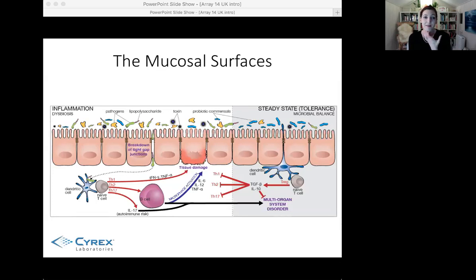Mucosal immunity is the main functional defense mechanism in the urinary tract, the respiratory tract, and the gastrointestinal systems. The mucosal surface interface is a really complex system that has to integrate interactions between the microbiome, the biofilms, the mucus layer, the associated protective compounds found on various surfaces, such as defensins or enzymes, secretory IgA, secretory IgM, and all of the underlying immune cells in the skin, in the nasorespiratory tract, and in the lamina propria in the gut.